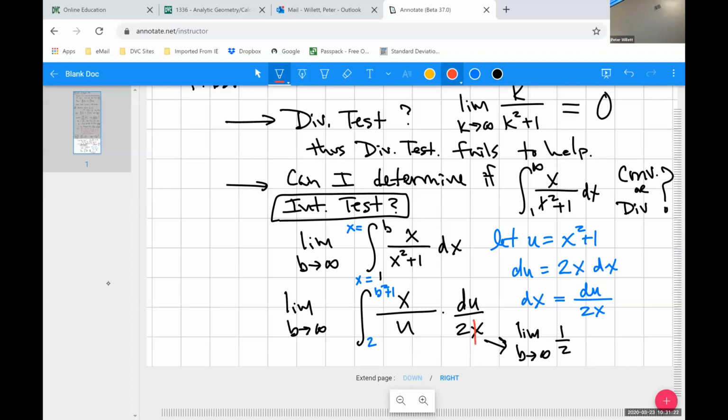Just take note that my x's cancel. And then I'm left with the integral of 1 over u du, so that would be the natural log of u evaluated from 2 to b squared plus 1.